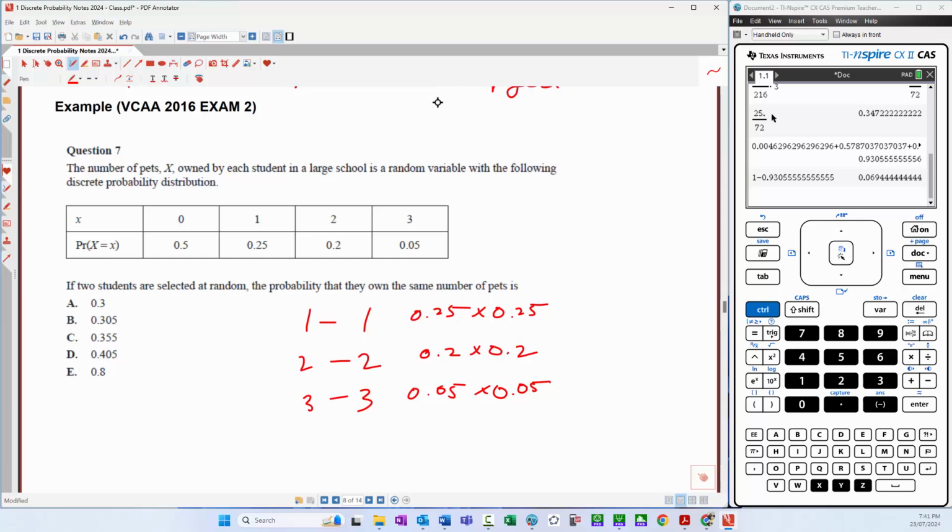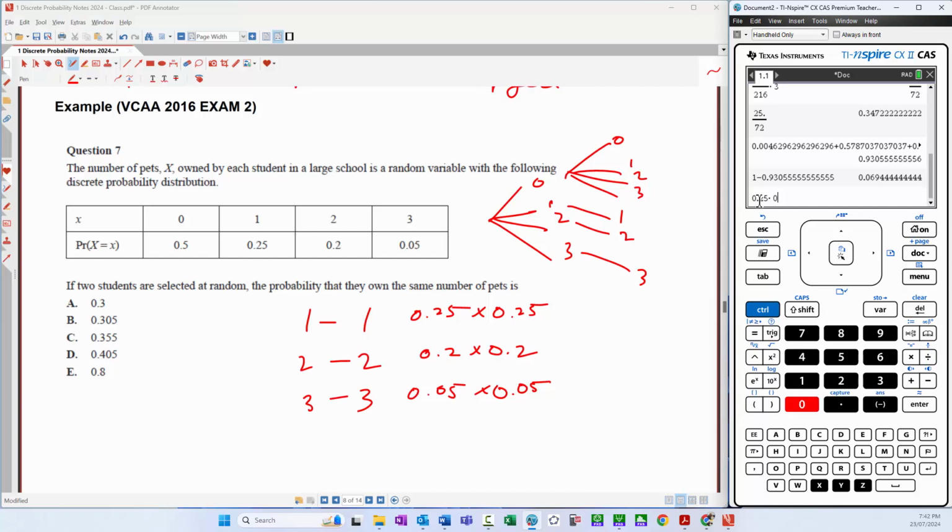All right, so again, the way I'm imagining this is done on a tree diagram. So 0, 1, 2, 3, and then 0, 1, 2, 3. What I'm looking for is same number of pets. So that would be 1 pet and 1 pet, 2 pets and 2 pets, 3 pets and 3 pets. I'm looking for these three specific branches. Okay, because it's multiple choice, we can use our calculator.